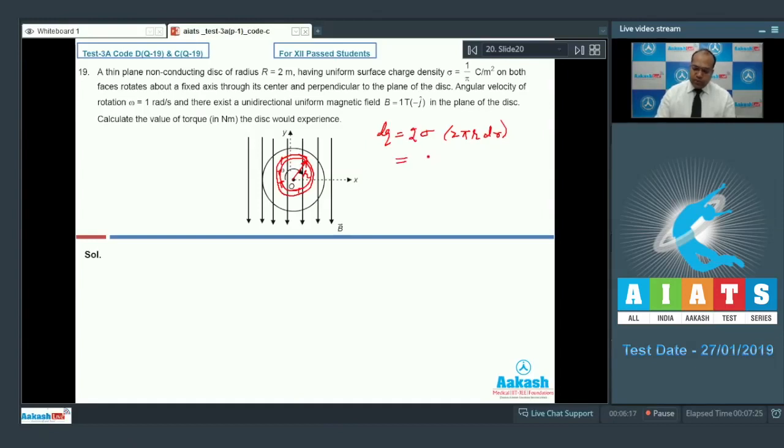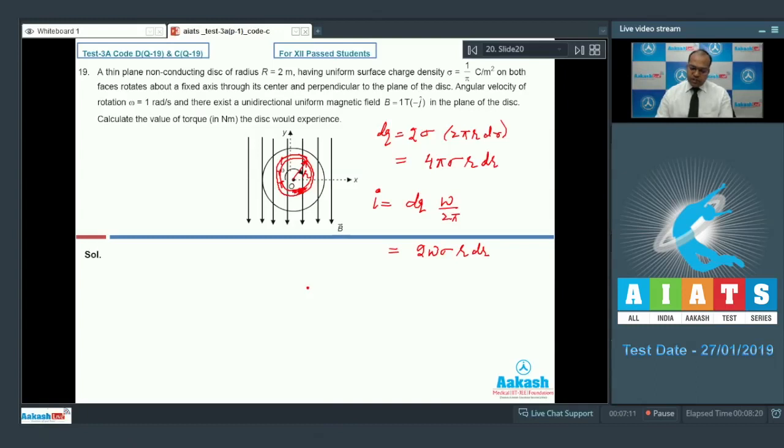So it is equal to 4 pi sigma r dr. The current due to this motion of charge can be written as i equal to dq into omega by 2 pi. If I substitute the value of dq and solve this, it comes out to be 2 omega sigma r dr. So this is the current in this considered element.